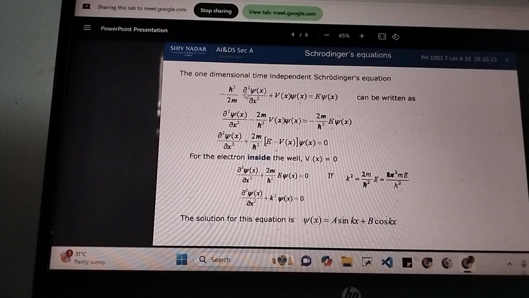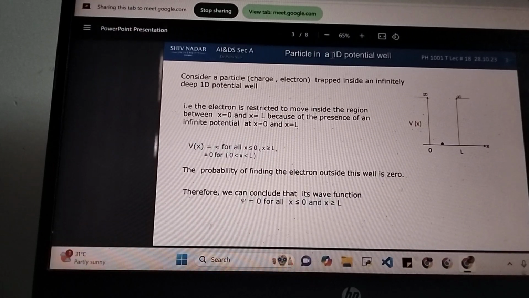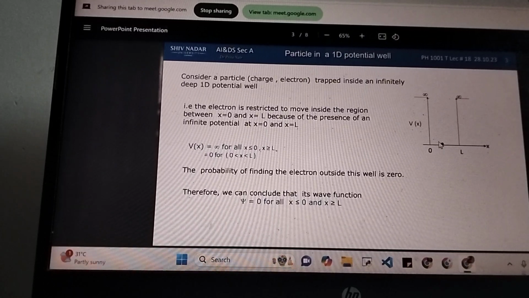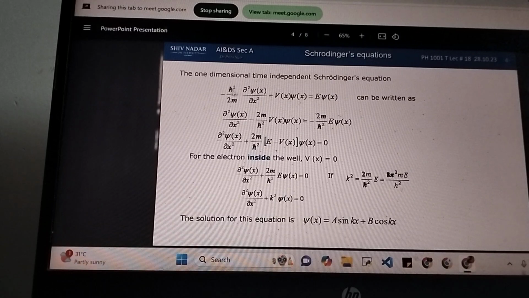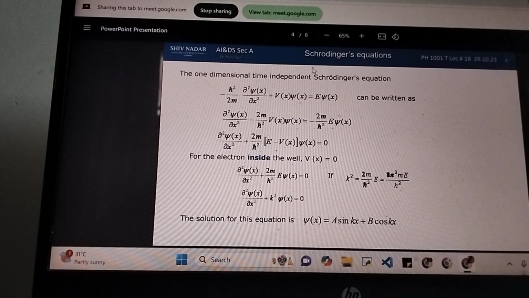This is the time independent Schrodinger's equation for one dimension, and just to reiterate, we are talking about a one dimensional potential well, so it only has this length. We don't talk about a breadth, width and so on. Because we are talking about one dimension, we take the one dimensional time independent Schrodinger's equation. Why time independent?